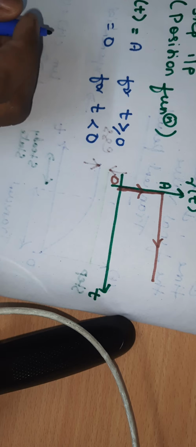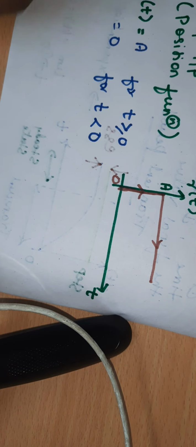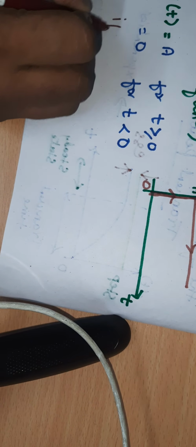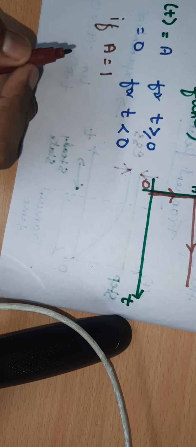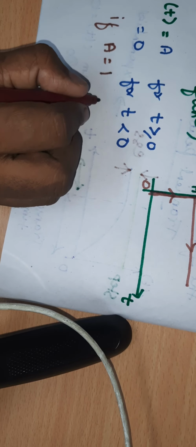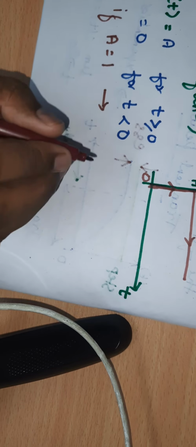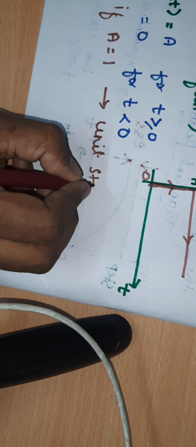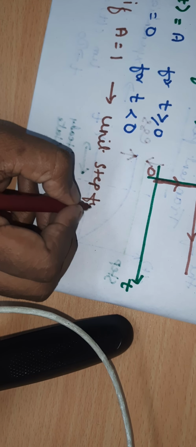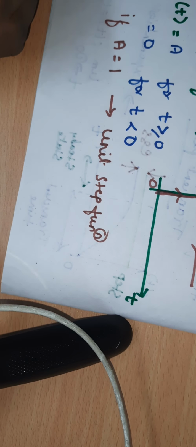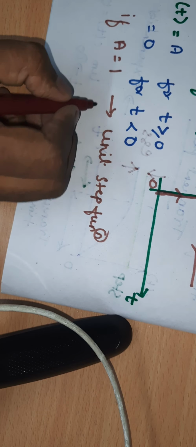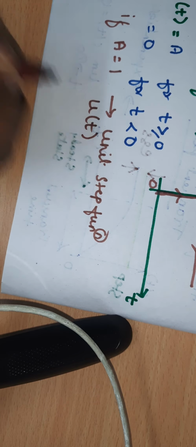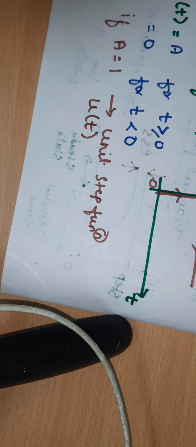Now, if your A is equal to 1, that means your magnitude or amplitude is equal to 1, then we call this as unit step function. It's also denoted as U of t. Now let's find out its Laplace transform.